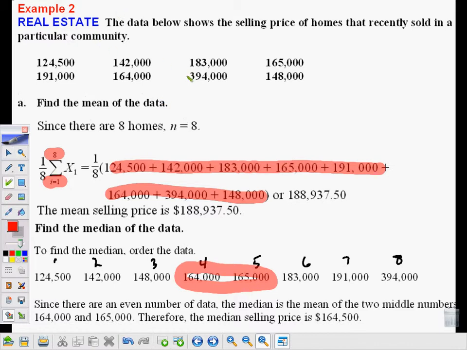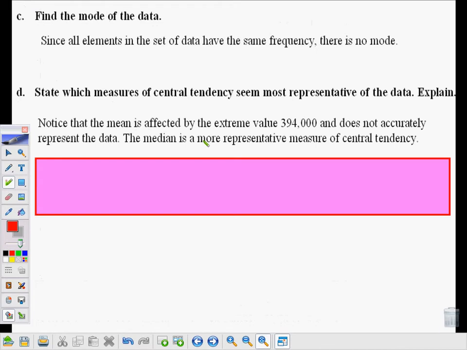This one odd data point really sticks out like a sore thumb and skews all the data to the high end. So the average is really pulled away from an indicator of what the real middle is, if we want to think of it that way. So maybe not the mean, okay?